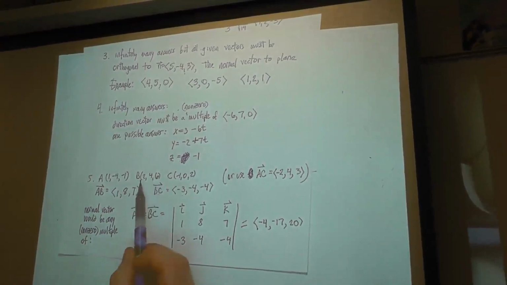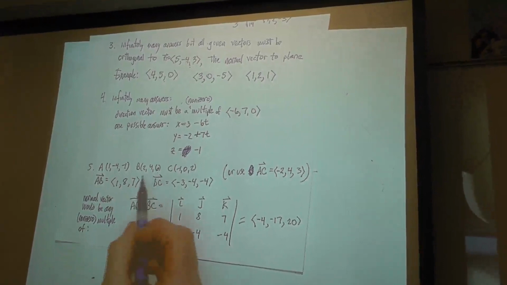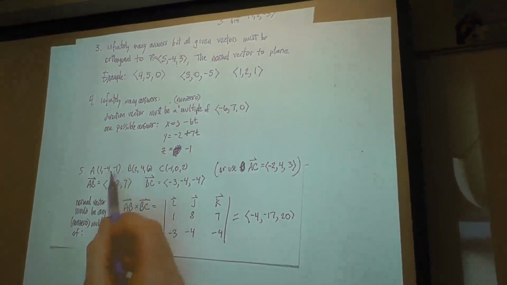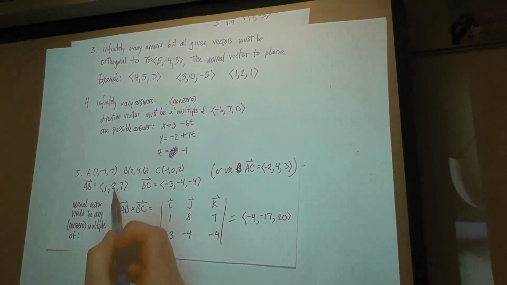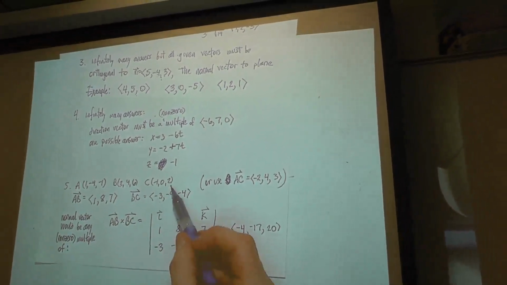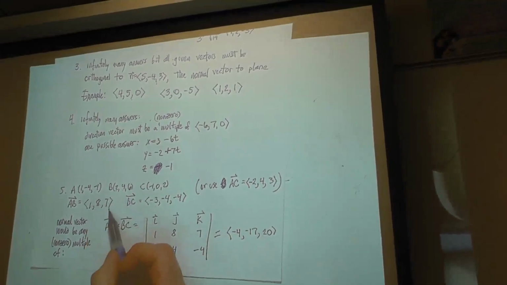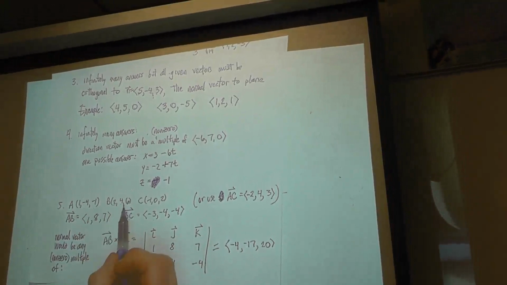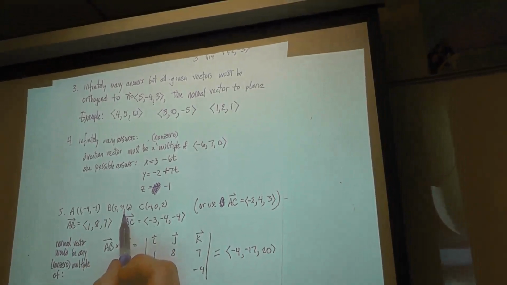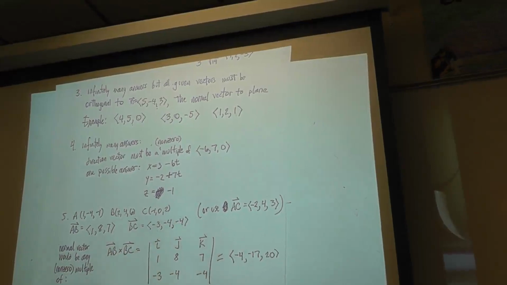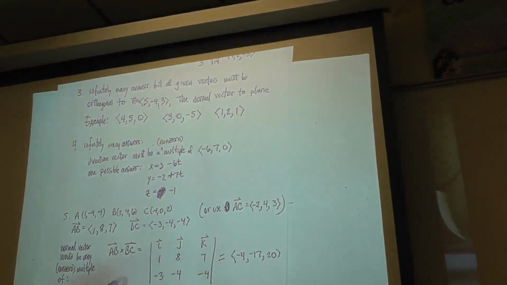So you take 2 minus minus 1, 4 minus negative 4, etc. It's a very common mistake for people to come down here and treat these as if they are vectors. But that's totally just kind of nothing.